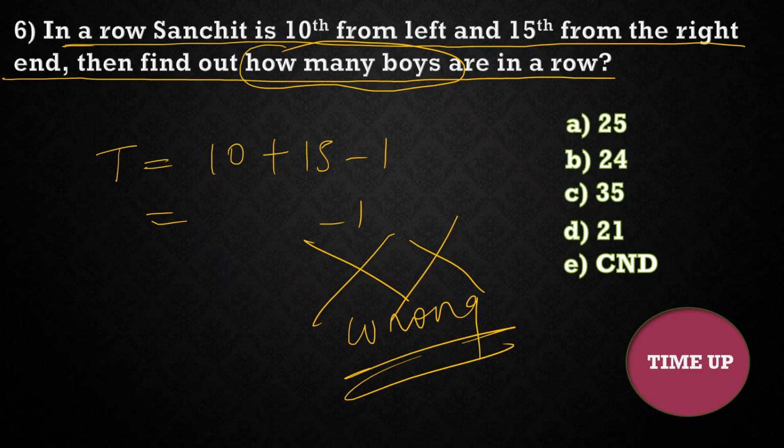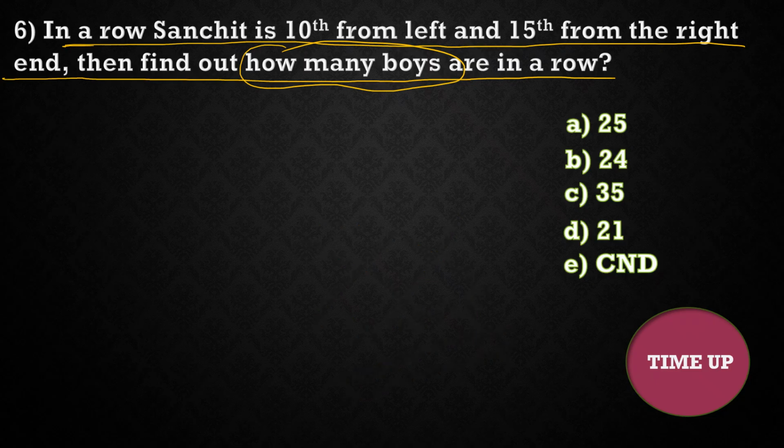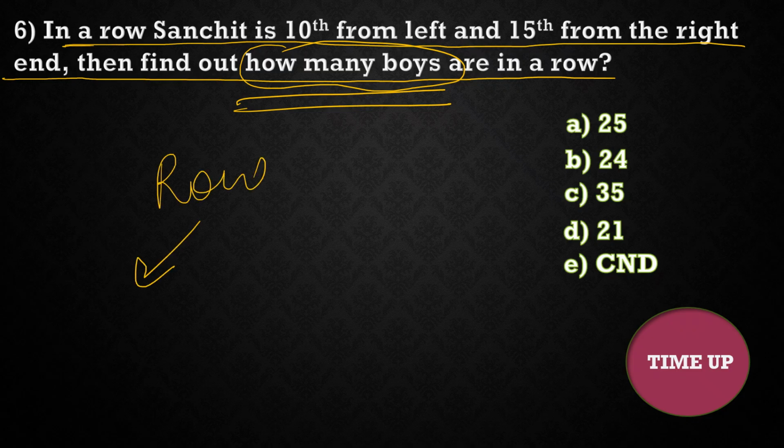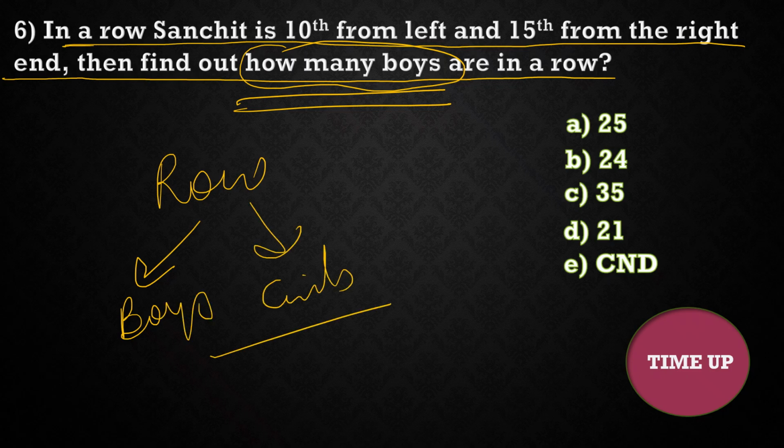Here they have not asked you to find out the total number of students in a row or in a class. What they have said is, how many boys are there in a row? In a row, there can be boys, there can be girls, and from the name itself, we can't define the gender in reasoning.